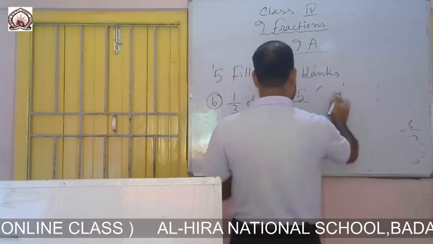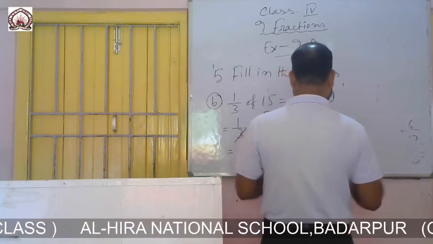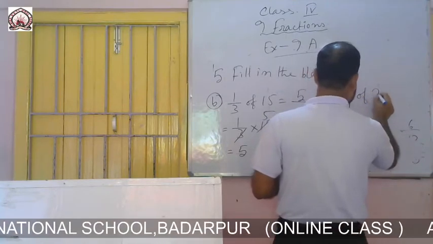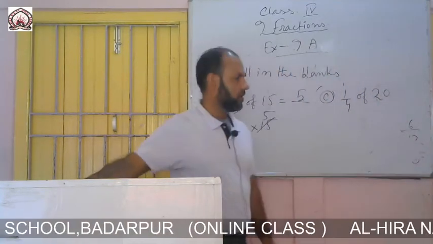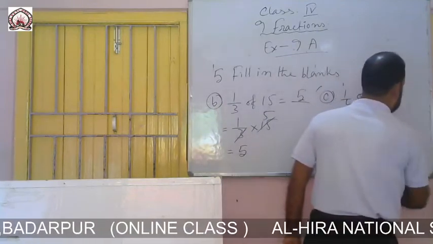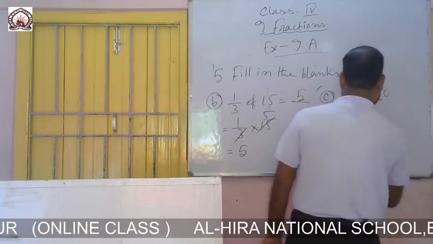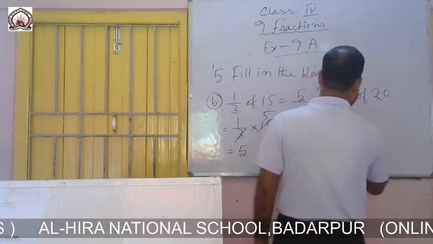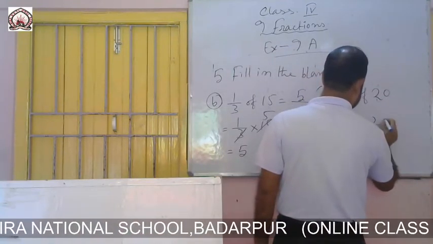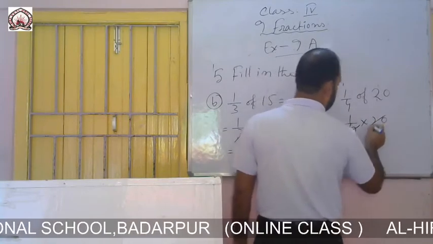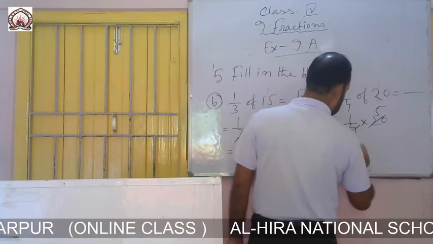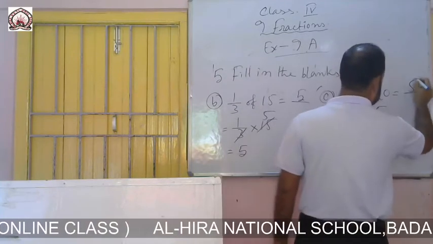Next, C, 1/4 of 20. Here 1/4 into 20, 4 1 is 4, 4 5s are 20. Answer is 5.